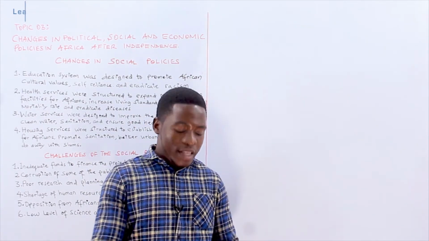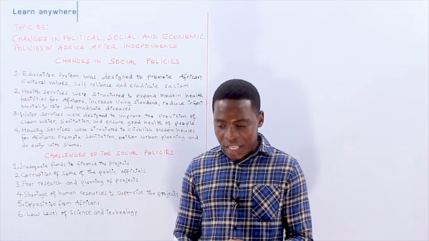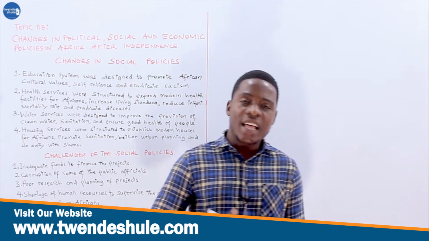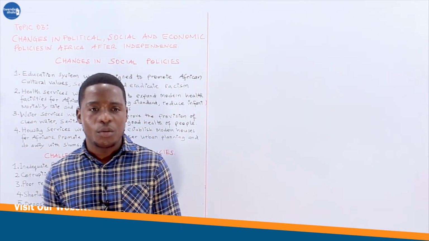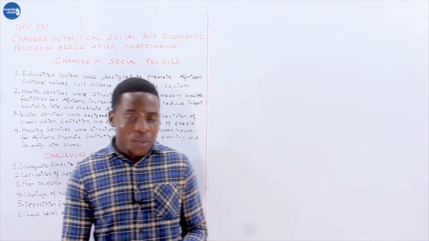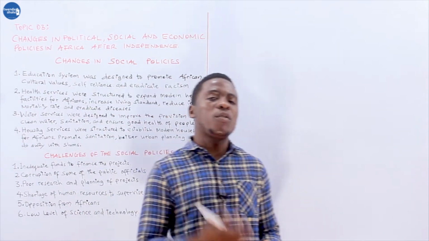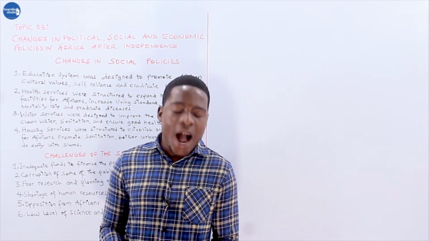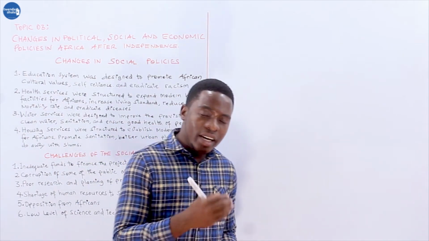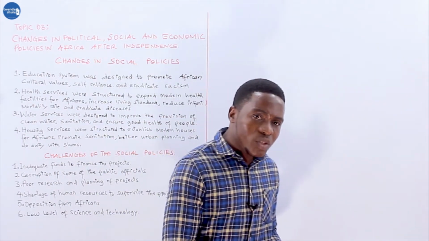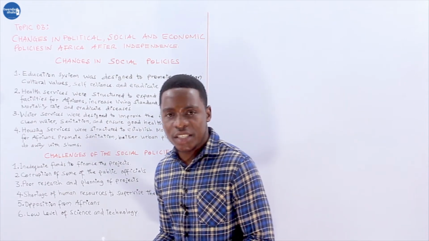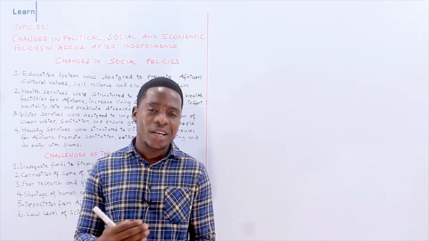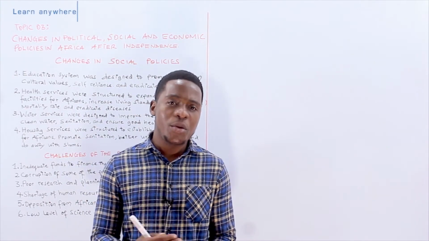As I told you, during colonial time, the education system was designed to prepare the Africans for white-collar jobs, to become puppets of the colonial interest, to work as laborers in industries, in farms, in the mining centers for the colonial interest. So now, after independence, we were to transform our education.